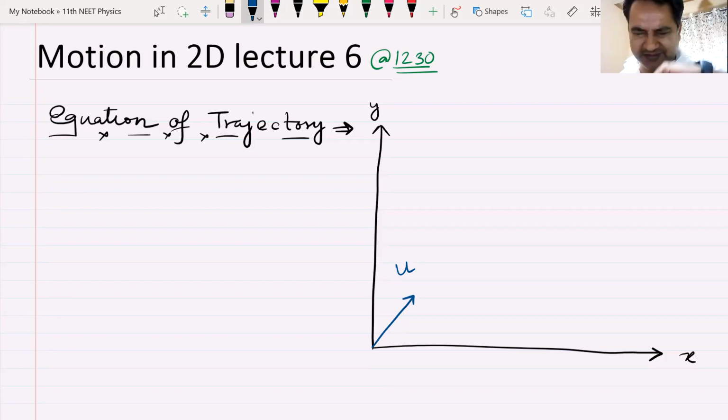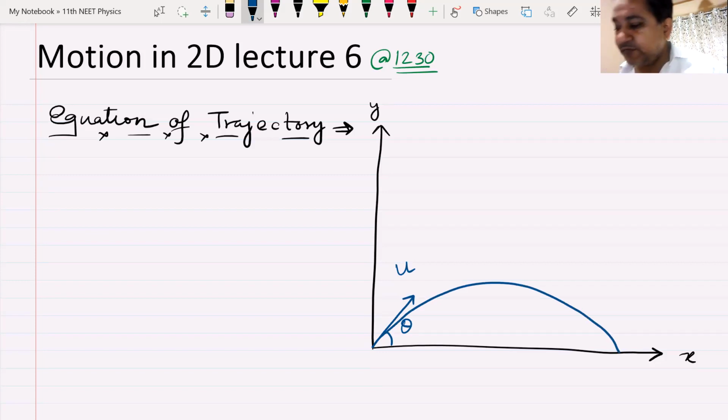So again, let us go back to the initial discussion. I've thrown something at an angle theta with an initial velocity u. How does it go? It follows something like this path. It reaches its maximum height.